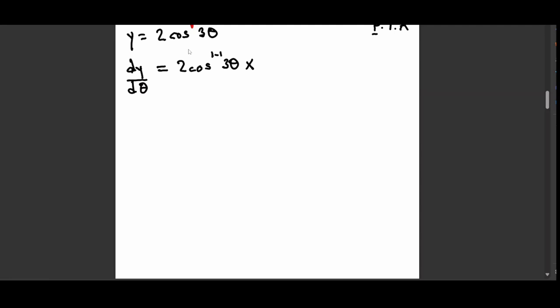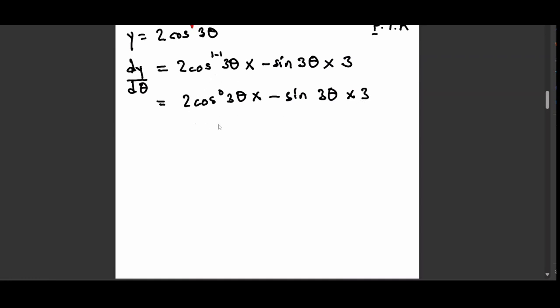We know that the derivative of cos theta is minus sine theta. So the derivative with respect to trig will now be minus sine 3 theta. Then we multiply with the derivative with respect to the algebraic expression, which is 3 theta, so here it will be 3. Now, here we have 2 cos to the power 1 minus 1, which is 0, 3 theta, multiplying minus sine 3 theta times 3.